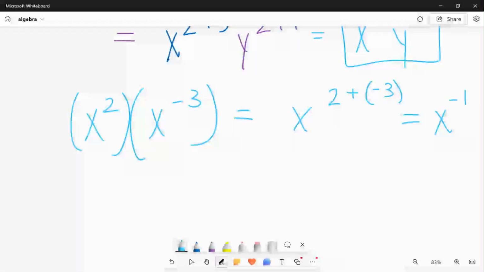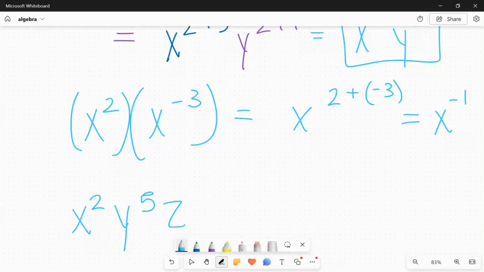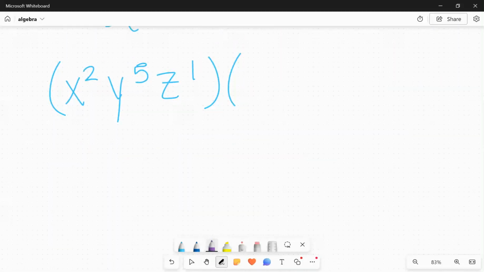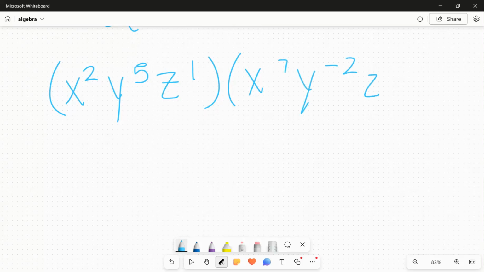Okay, let's make one more example, and we're going to use 3 bases this time. So x, y, that's a 5, and z. Okay, let's do the same thing here.